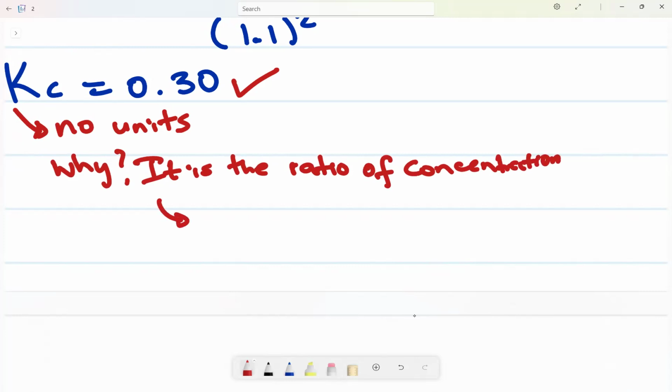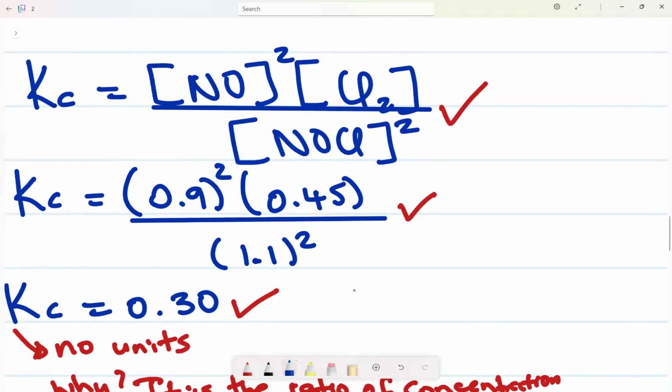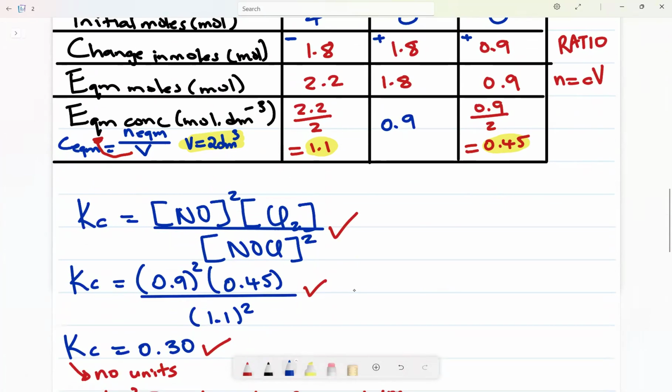Meaning, it is the concentration of something divided by the concentration of something, which is mole per decimeter cubed divided by mole per decimeter cubed. Can you see now the mole per decimeter cubed will cancel off? So now the correct answer is that one.